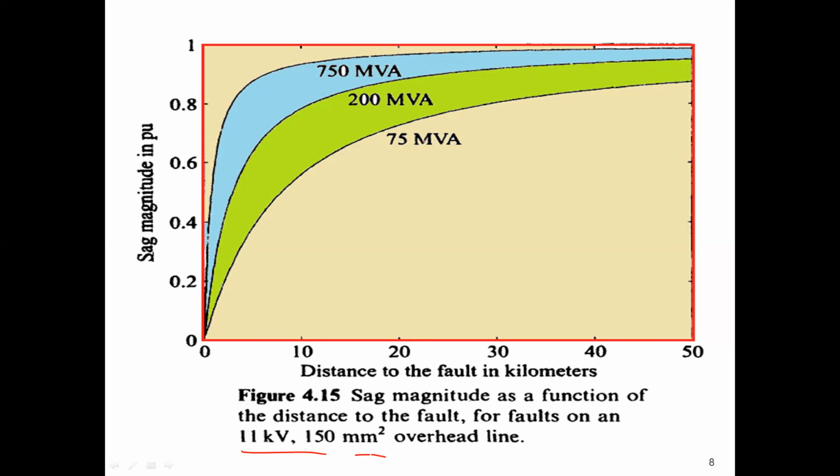The sag magnitude is increasing for increasing distance and for increasing fault levels. The fault level is increasing. The other thing is the distance: as the distance increases, again you can see the magnitude is increasing.